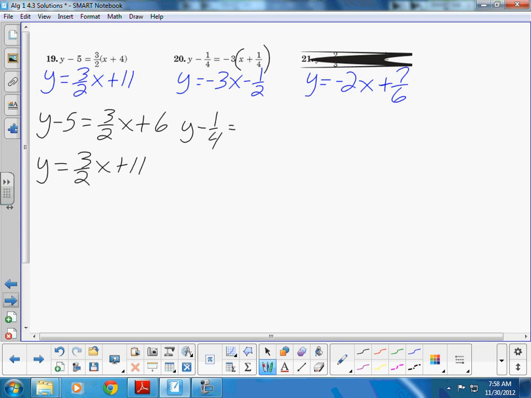So that will be y minus 1/4 equals a negative 3x plus a negative 3/4. Add 1/4 to each side, you get y equals a negative 3x plus, or subtract 1/2, or plus a negative 1/2. And 21, you can figure that out.